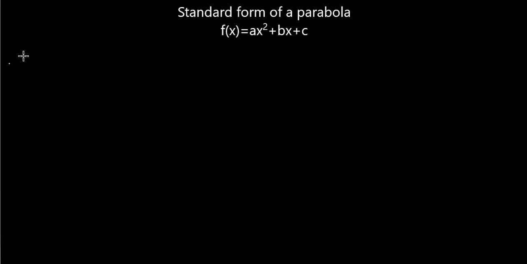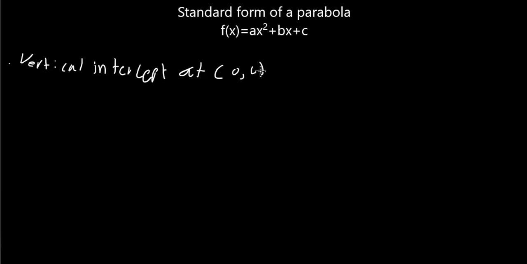First of all, it has a vertical intercept, which is the y-intercept. And the vertical intercept is at the point (0, c). So the c value at the end of the parabola actually tells you exactly where the vertical intercept is.